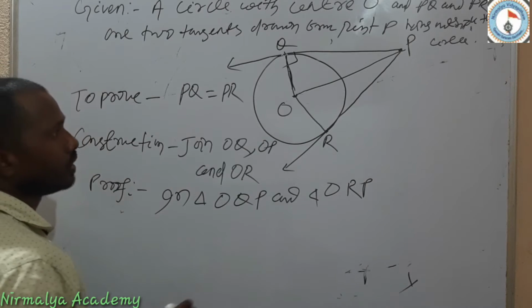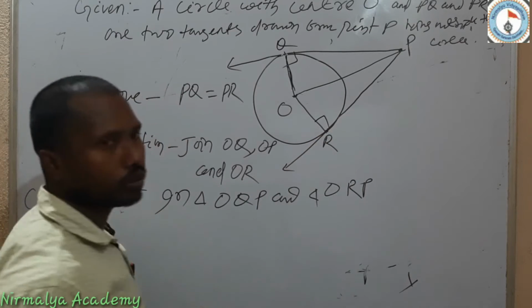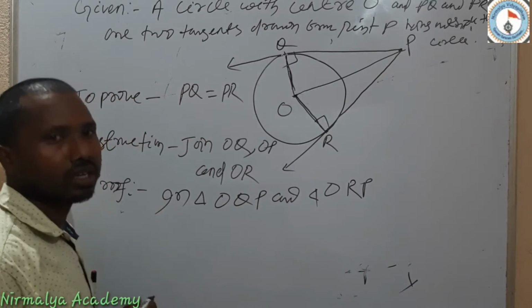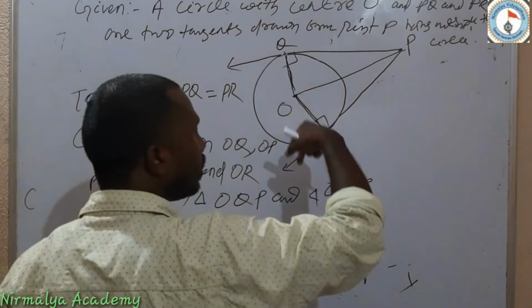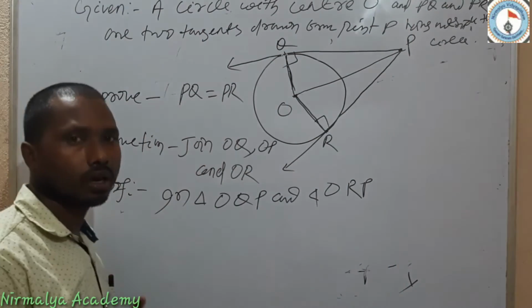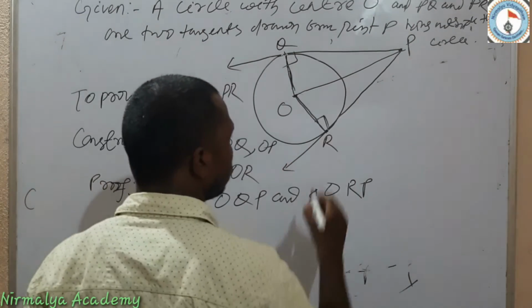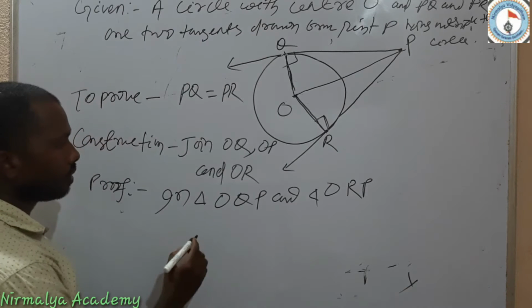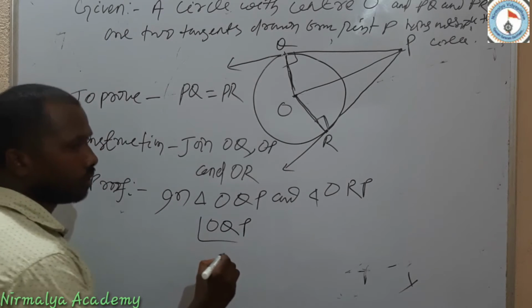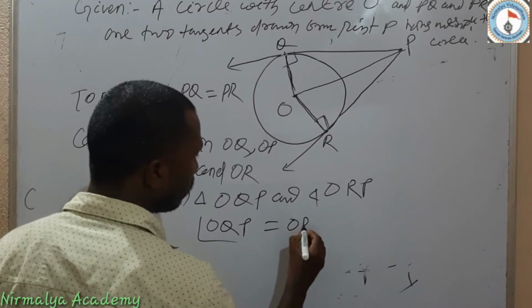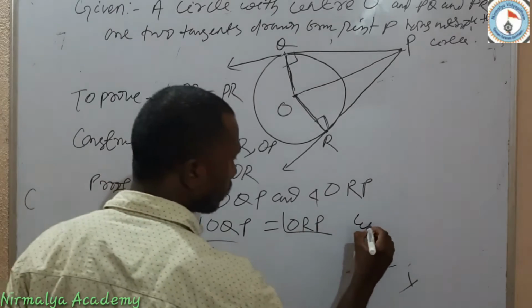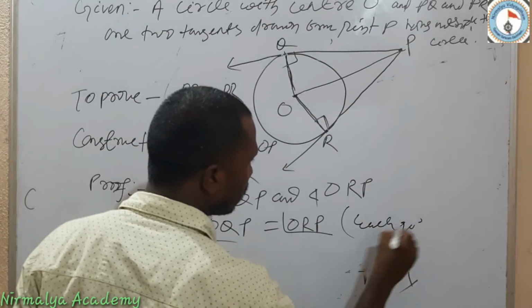So in this way angle ORP is also 90 degrees because OR is radius and PR is tangent, and the tangent at any point to a circle is perpendicular to the radius through the point of contact. Same. So that's why angle OQP will be equal to angle ORP, which is 90 degrees.